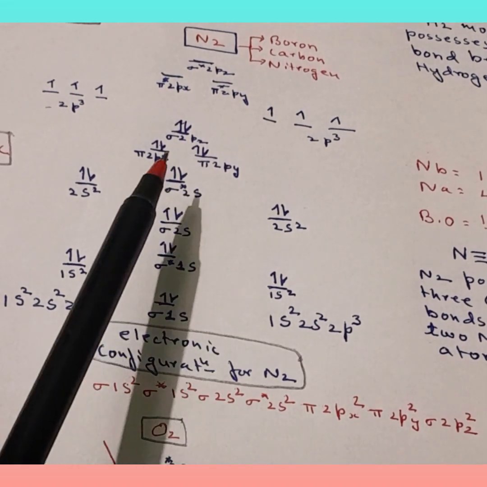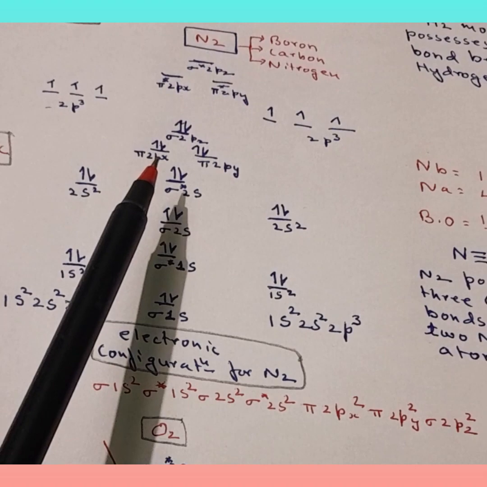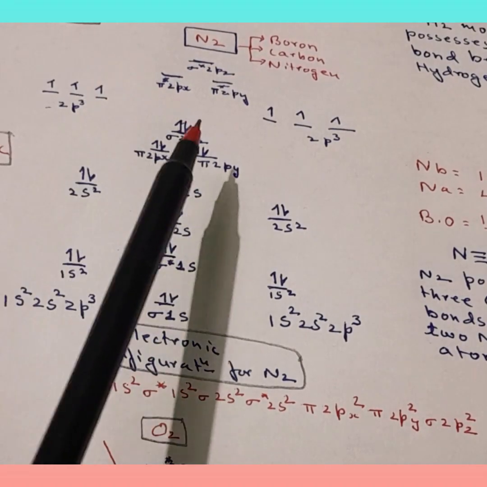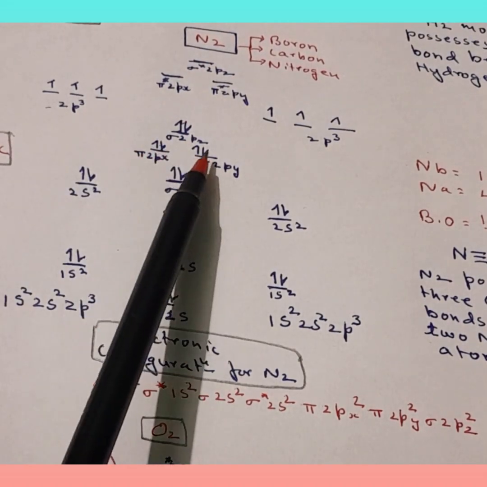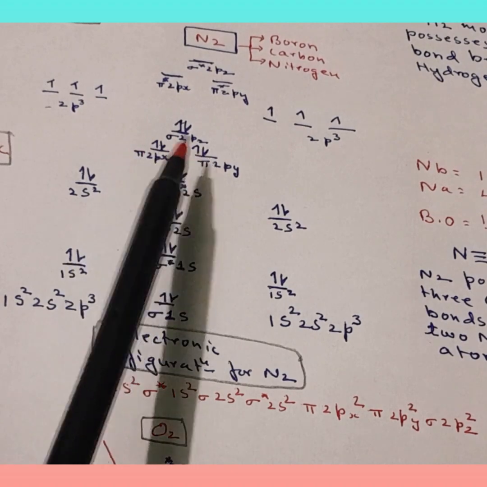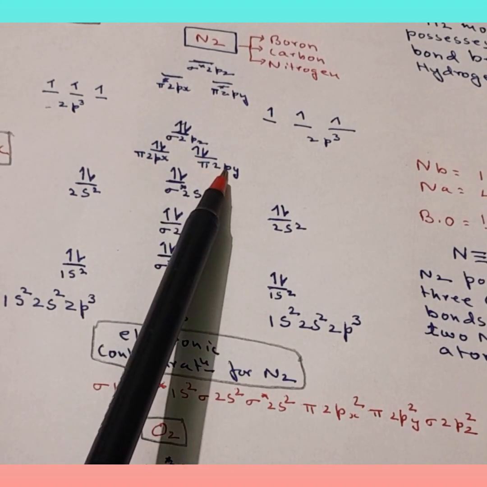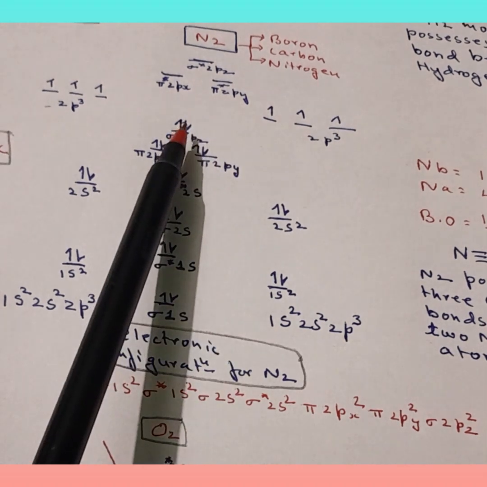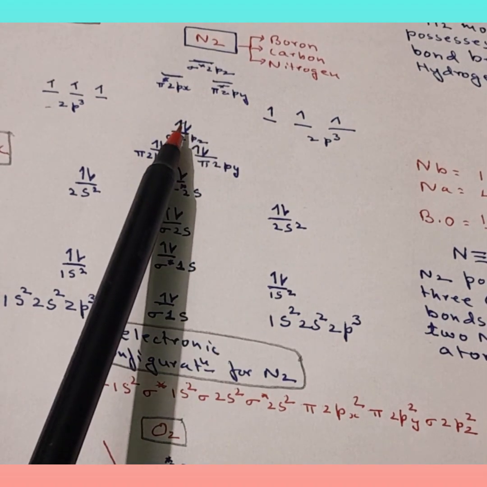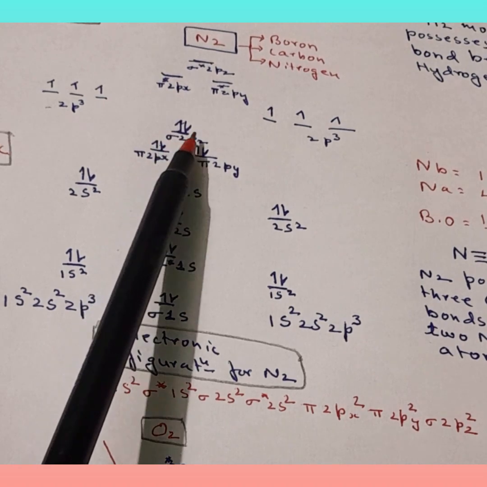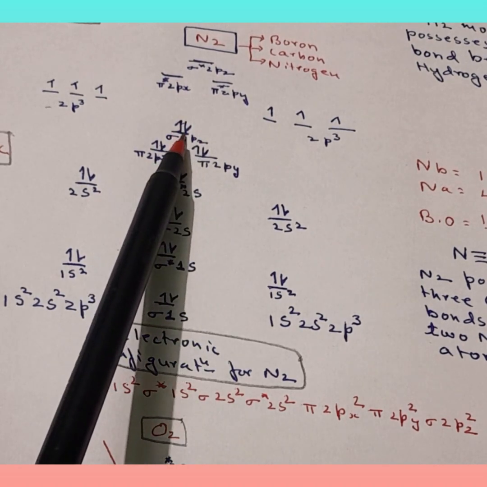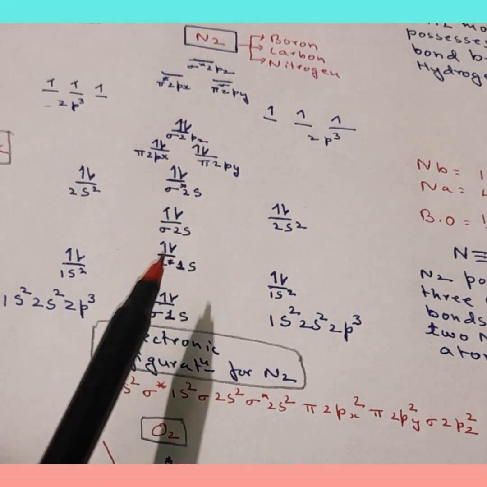So 8 electrons gone, and we are left with 6 electrons. Now 4 electrons go into pi 2px and pi 2py. Alright. And 2 more electrons left, they get into sigma 2pz molecular orbital.